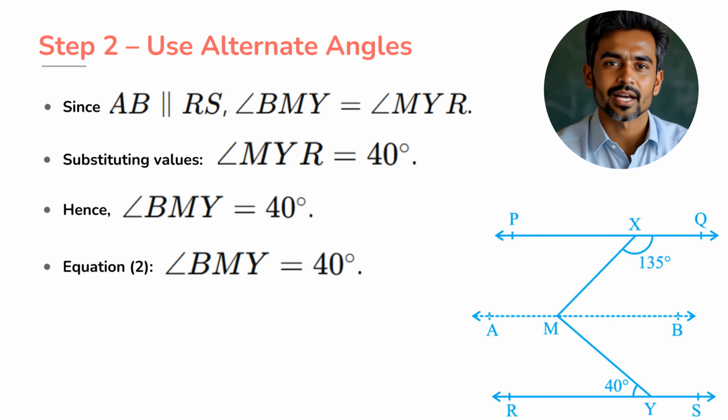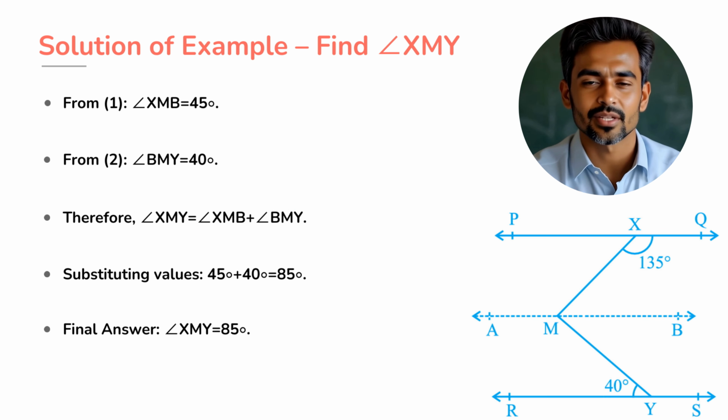Now, moving ahead. Since AB is parallel to RS, angle BMY equals angle MYR because alternate angles are equal. We are given angle MYR equals 40 degrees. Therefore, angle BMY also equals 40 degrees. Let's call this equation number 2. Now we combine the two results.